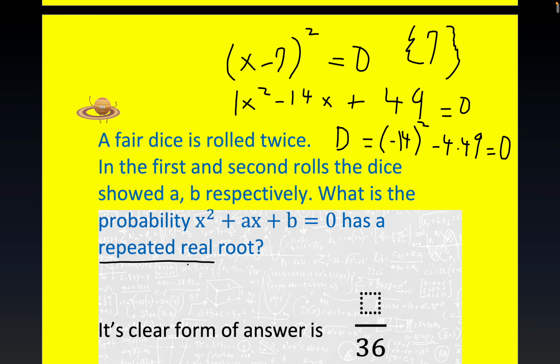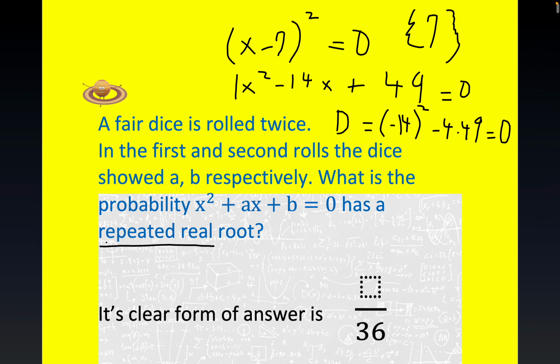Okay, so you guys are familiar with a dice. On a dice, the faces are numbered 1, 2, 3, 4, 5, 6. So we're rolling a fair dice twice, and we're saying the first and second rolls show an A and B respectively. So it's real clear that A and B can each be equal to 1, 2, 3, 4, 5, 6.